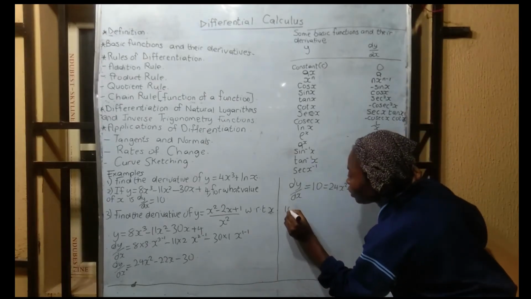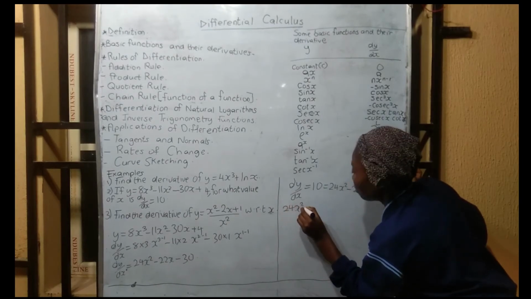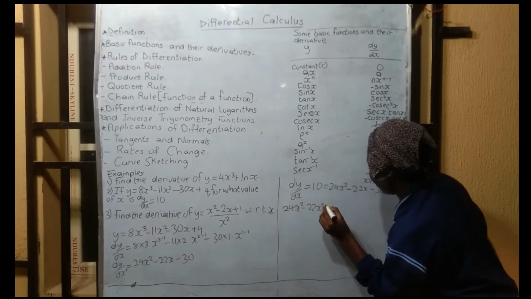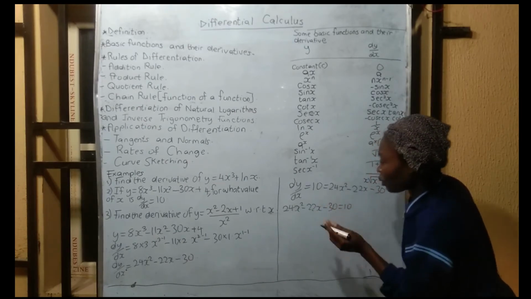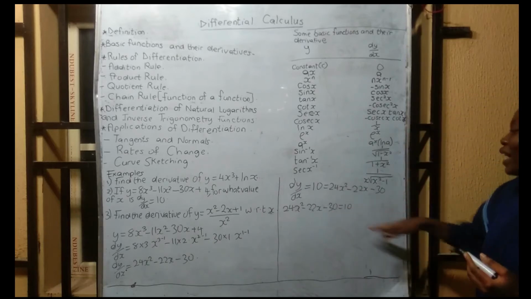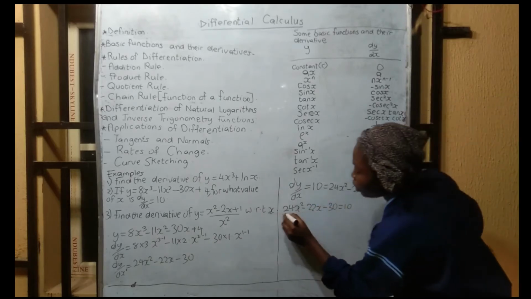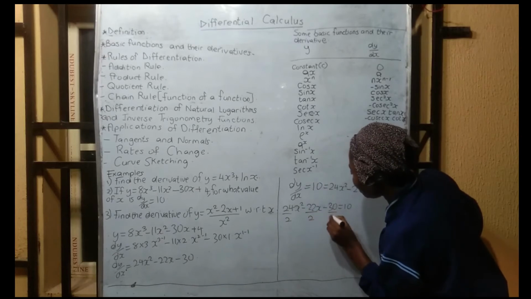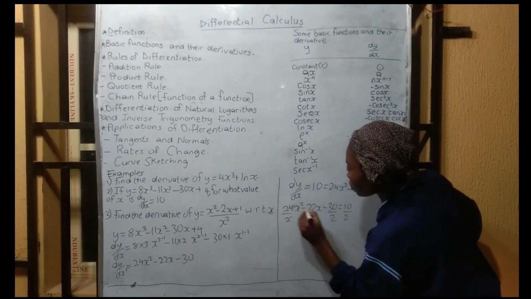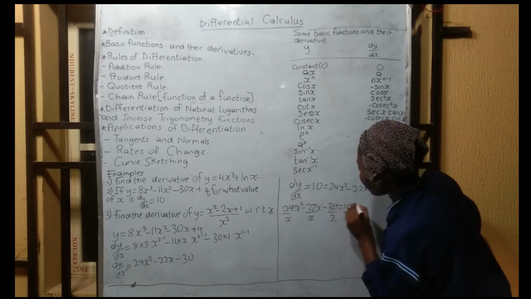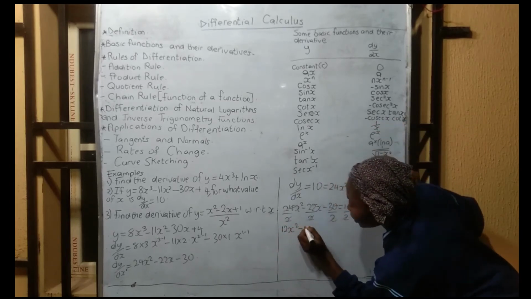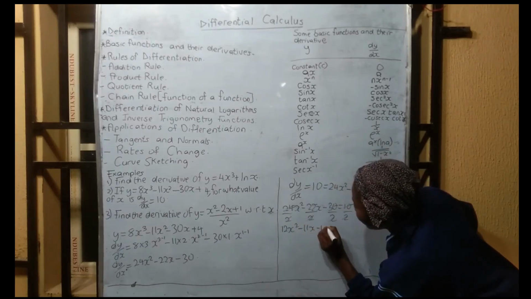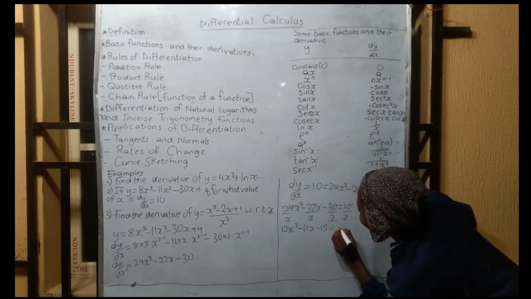Then we have 24x squared minus 22x minus 30 equals 10. Now we can divide through both sides by 2 since 2 is common. So dividing both sides by 2, we have 12x squared minus 11x minus 15 equals 5.